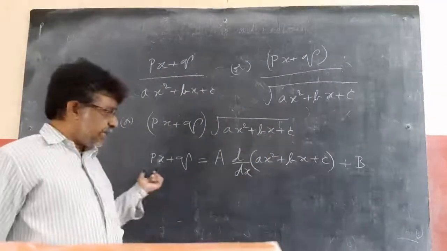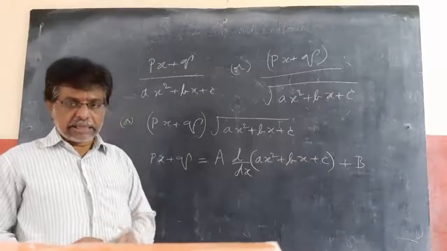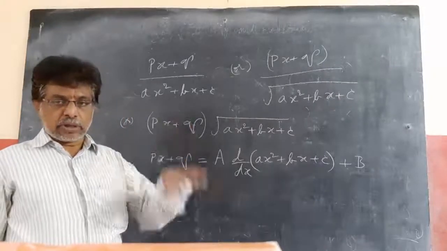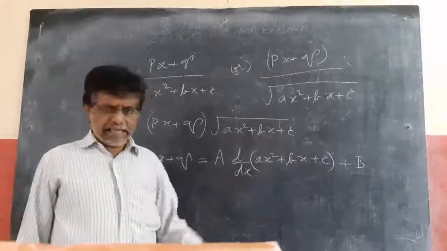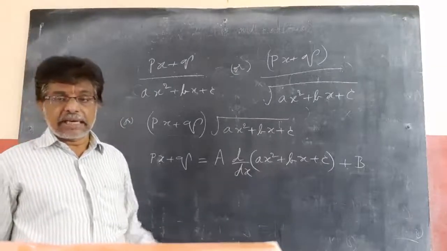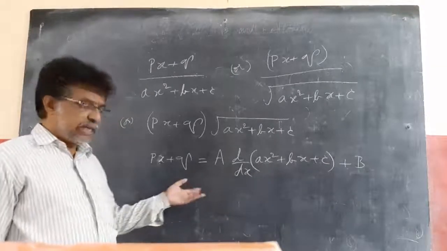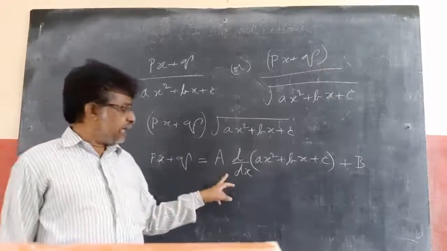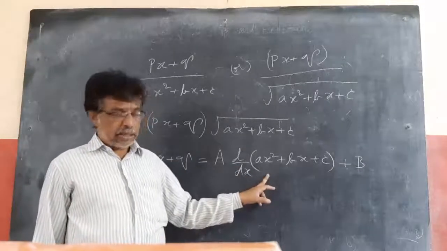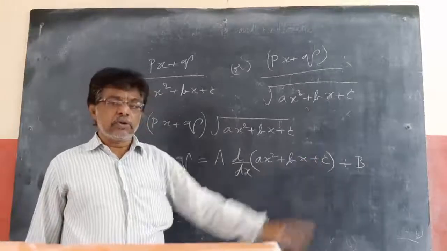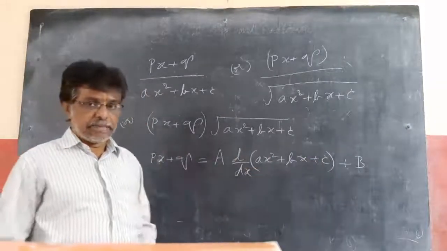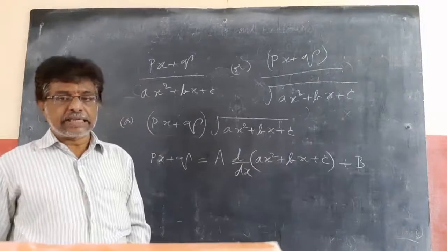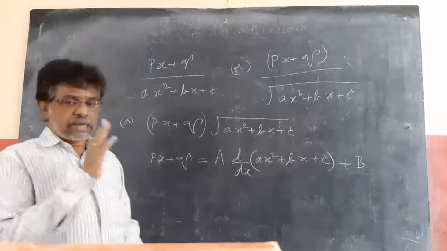Just as yesterday, in place of numerator you wrote a into d by dx of denominator plus b into denominator for sin cos, it is the same method here. The only difference is that linear equals a into d by dx of quadratic plus b, with no b into denominator, just b. This is the procedure for the next method.